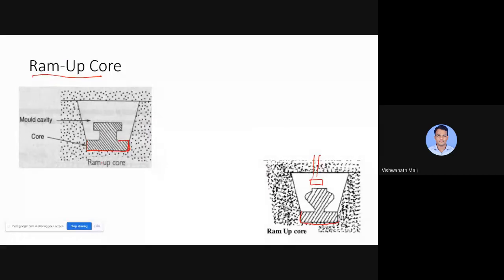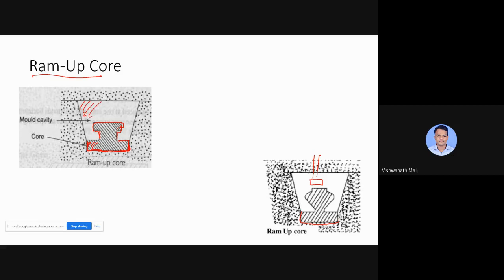So here you can see some integrated shape which is not possible to produce with the help of the pattern. So that's why we are using the core, and it is rested at the bottom, and it is getting wrapped here.